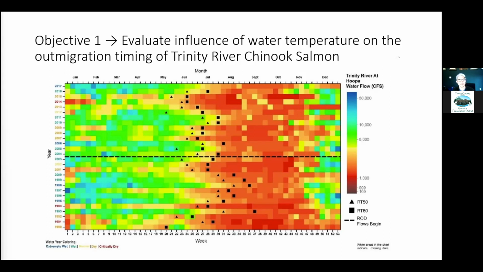Above that is post-ROD, and below that is pre-ROD. You can see that it's pretty variable. There's about a 10 to 12 week window where we hit those RT50s or 80s. We'll talk a little bit more about the actual timing later.